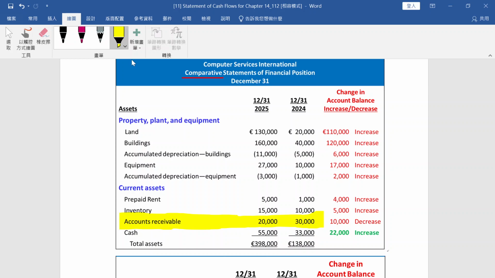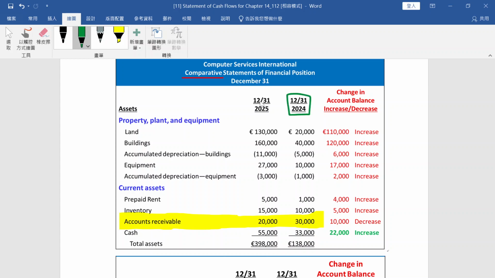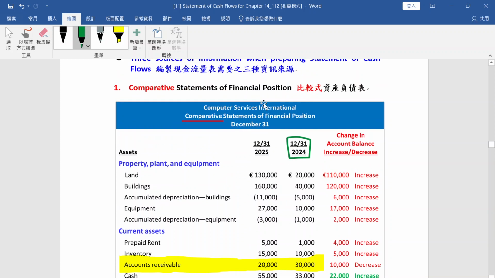December 31st, 2024. December 31st, 2025. We want to get the number for 2025, right? So do you know what that means? It means 2024, this number is the beginning number for 2025, right?